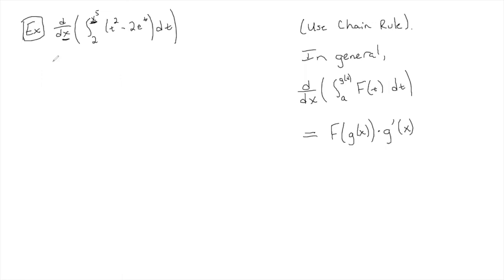Okay, so in this case, I have my g of x is equal to x to the fifth. So I have x to the fifth squared minus 2e to the x to the fifth. And this whole thing is going to be multiplied by the derivative of the top bound, 5x to the fourth. And this is our answer in this case.